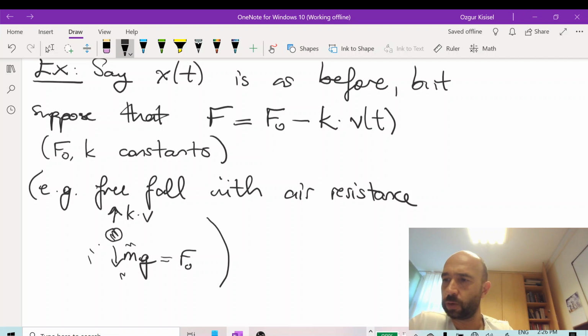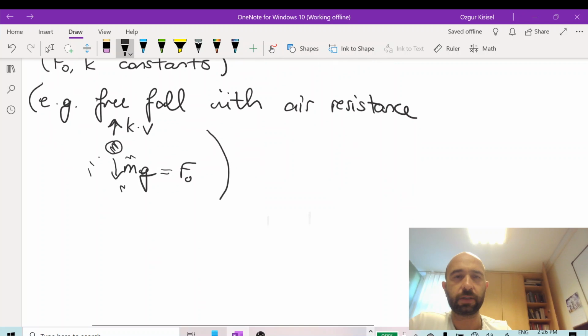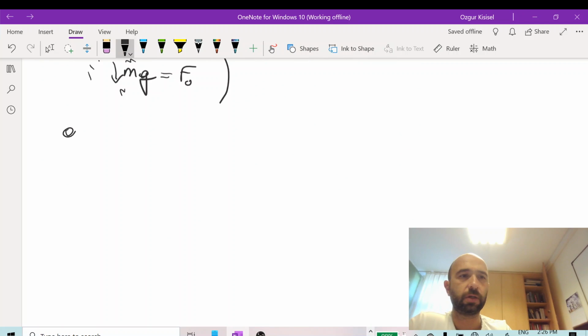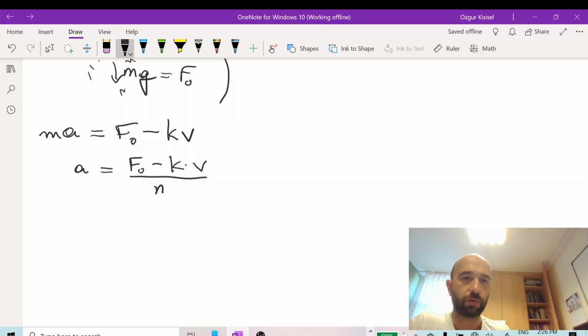Okay. Now, what changes then is your ma is now not constant, it's F0 minus k times v, right? So your a is F0 minus k times v over m. The right-hand side involves velocity. Now, the acceleration itself is the derivative of velocity. So if you write everything in terms of velocity, then you get a nice differential equation.